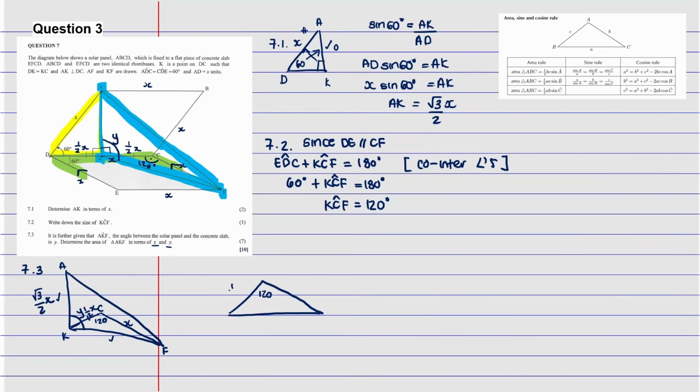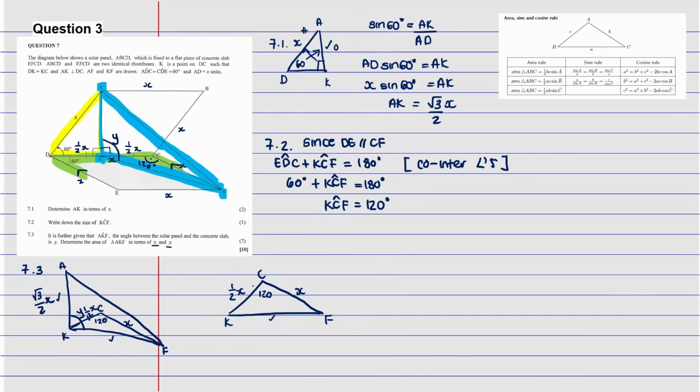Then this is going to be a half X, and this is going to be the side, which is just X. We want this KF because KF is one of the sides for the area. So we need to solve for this. Then after solving for this, we can substitute and solve for the area.